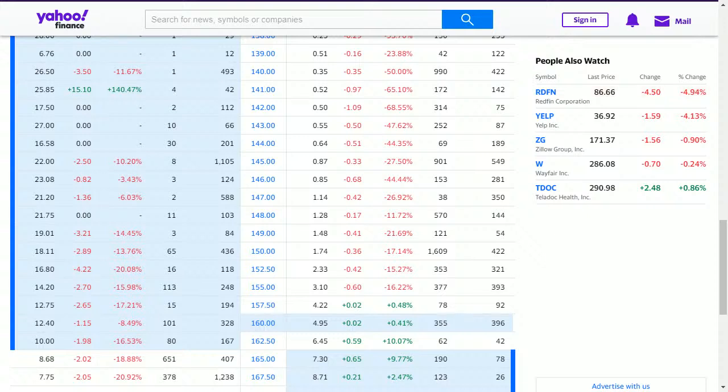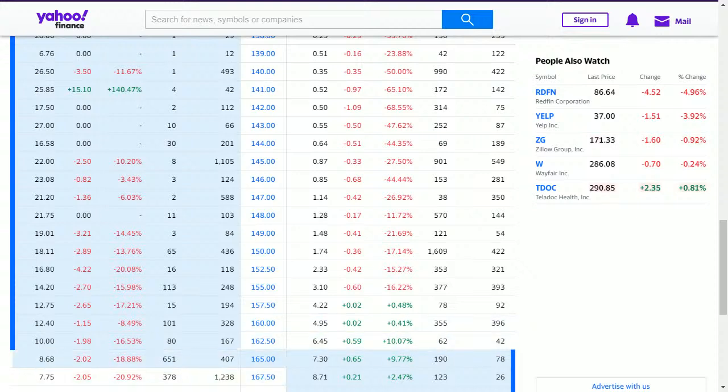Zillow at the moment is trading closest to 165. These are the options that expire on Friday, so the closest expiration, in just a couple days. 165 is just about where the stock is trading. It's a little bit above, but it's the closest strike to where it's trading. You can see here that the calls are trading for about 8.68 and the puts are trading for about 7.30.